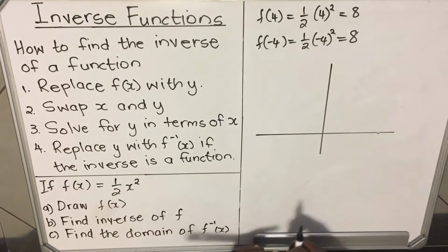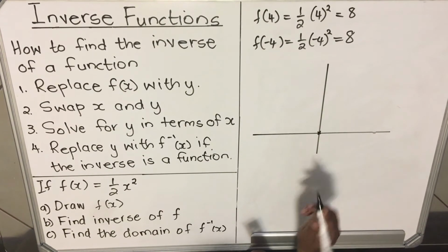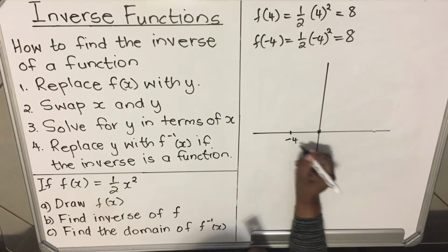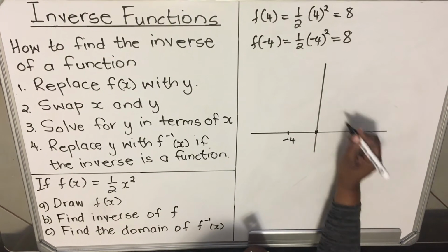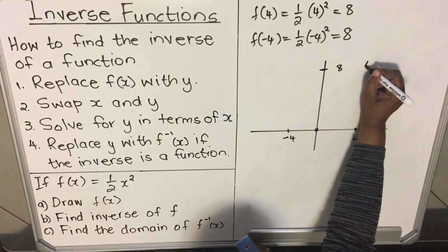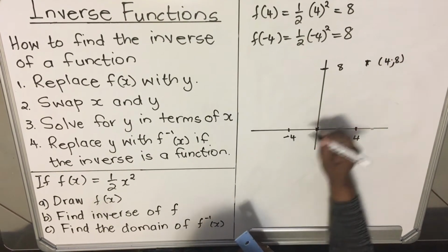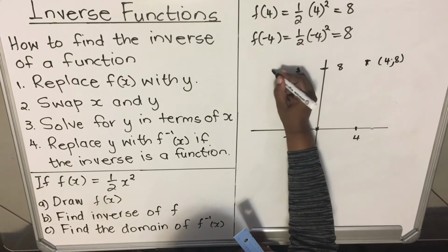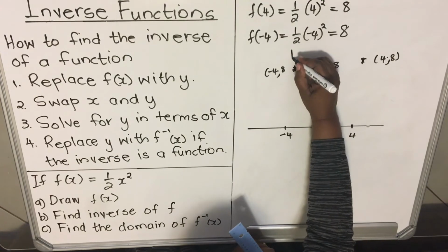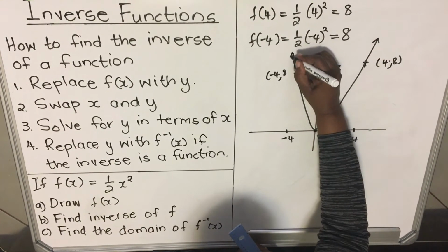My turning point is still going to be 0 and 0 because I don't have B and C. And then here is minus 4, here is 4, and there I have an 8. This coordinate is 4 and 8, and that coordinate there is minus 4 and 8. So I'm going to draw my function like that. Don't forget to show the arrows.